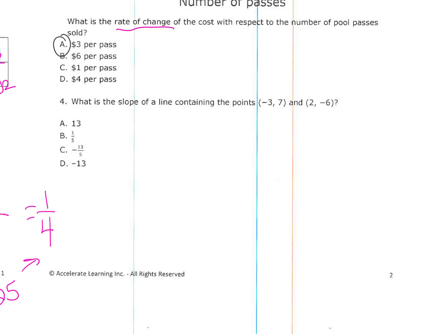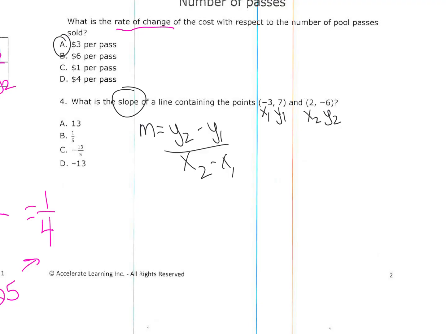Looking at number 4 here, we're asking for a slope, and it gives me points. Okay, I'm going to use the slope formula. So first, I'm going to identify x1, y1, x2, y2. And now I'm going to plug them into my slope formula. I look at my star chart. My slope formula is y2 minus y1 over x2 minus x1. And I'm simply going to plug them in.